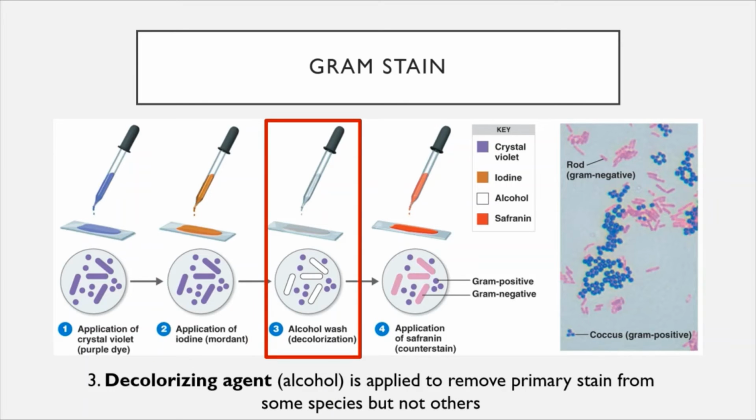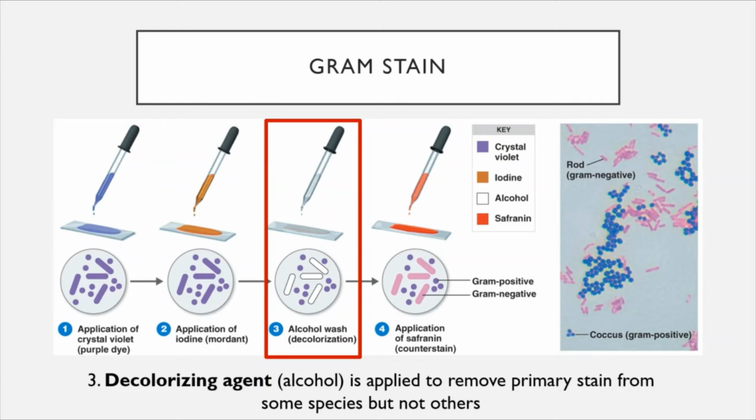In the third step, a decolorizing agent, which is the chemical compound alcohol, is applied to the smear, and this decolorizing agent will cause the primary stain of crystal violet to be removed and washed away from some species but not others.